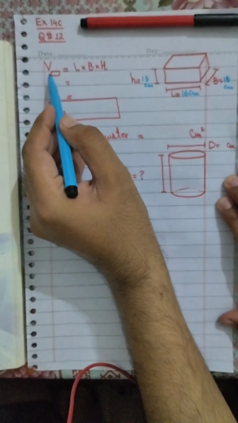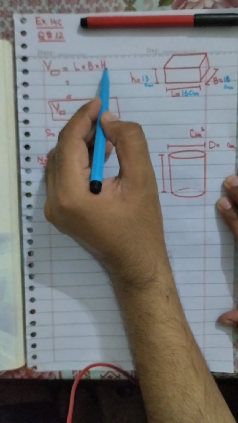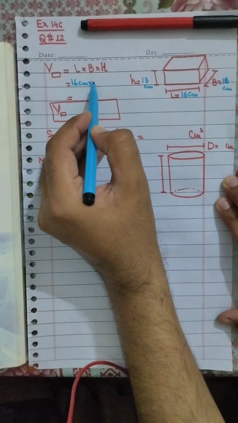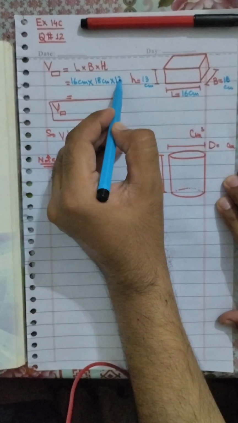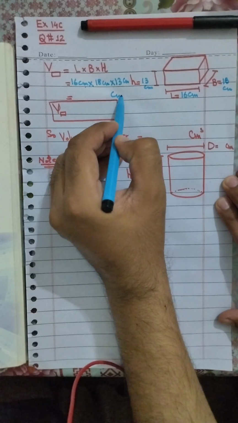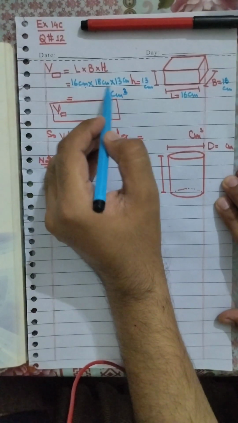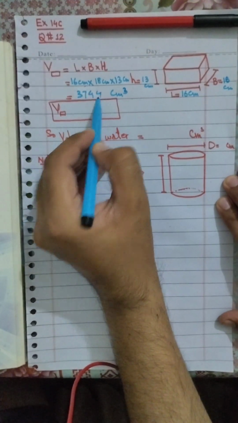Okay, so the volume of the rectangle is length times breadth times height. So 16 centimeter multiplied by 18 centimeter multiplied by 13 centimeter. Centimeter becomes centimeter cube. When we multiply 16, 18 and 13, it returns 3744.